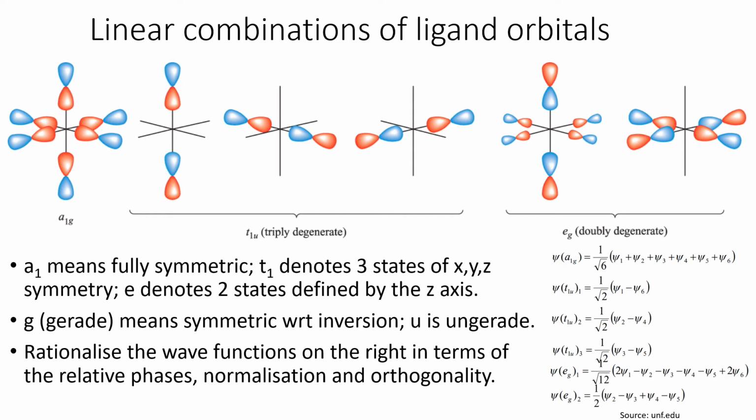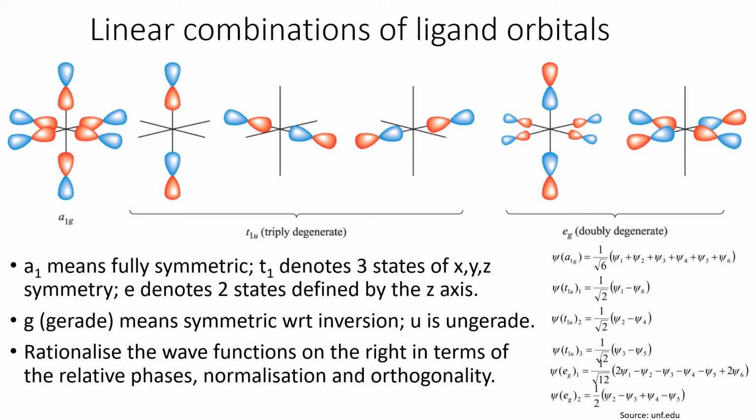And then on the final EG orbital, again we can see, looking at the wave function, we've got 4 of the 6 ligand orbitals there. We've omitted 1 and 6 because there's no axial interaction. If you look at the signs, going from 2 to 3 to 4 to 5, which you can imagine going around, say, anti-clockwise, the orbital signs are alternating, so that they're the same phase opposite each other, at a 180 degree angle across the origin.